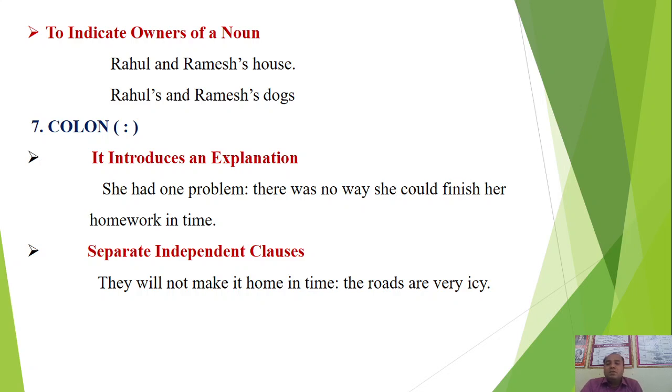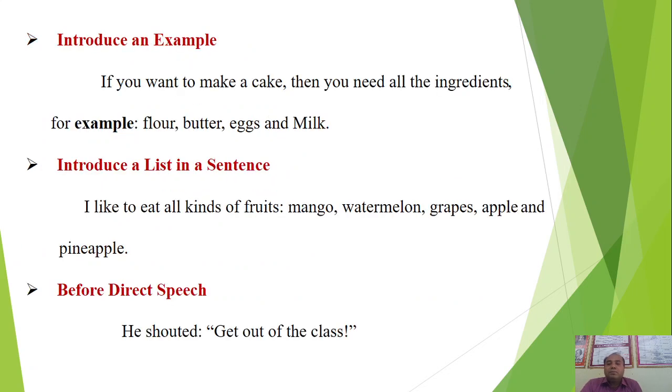The colon is also used to separate independent clauses. Example: They will not make it home in time: the roads are very icy. So here also independent clauses are separated through a colon. Colon is also used to introduce an example.